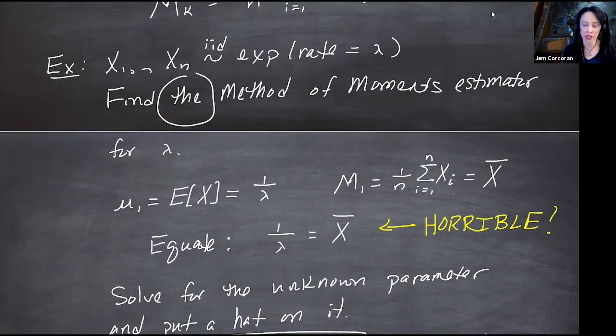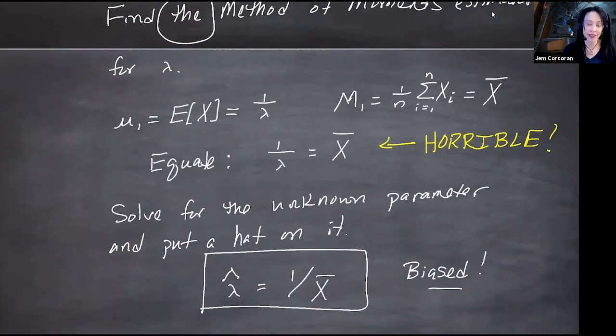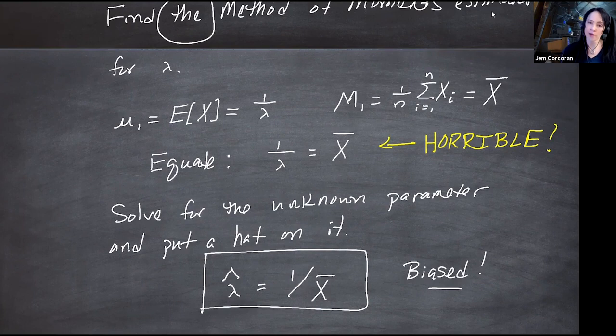I'm not out to trick you. I just want you to be aware that this is by far the most common way to produce a method of moments estimator, but other things can count as long as they came from equating moments. Equating fifth moments, if the mood strikes you, could be an MME.